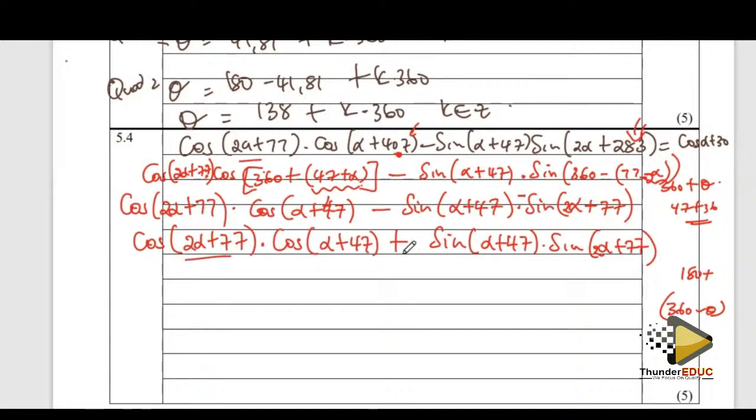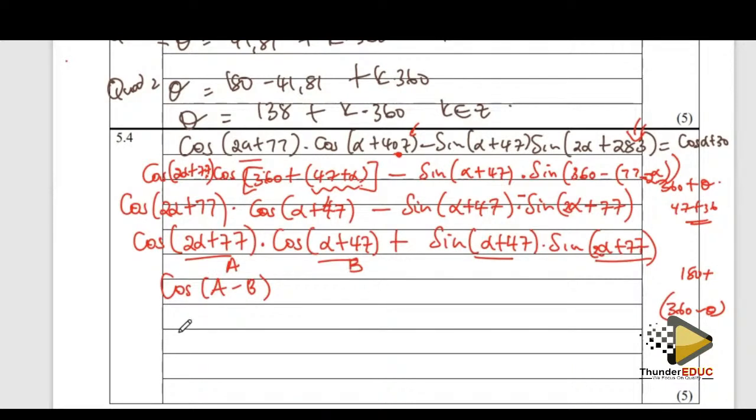Because we can see 2α + 77, 2α + 77, α + 47, α + 47, it's just a compound angle. If I call this my A and this my B, it's the same as cos(A minus B).